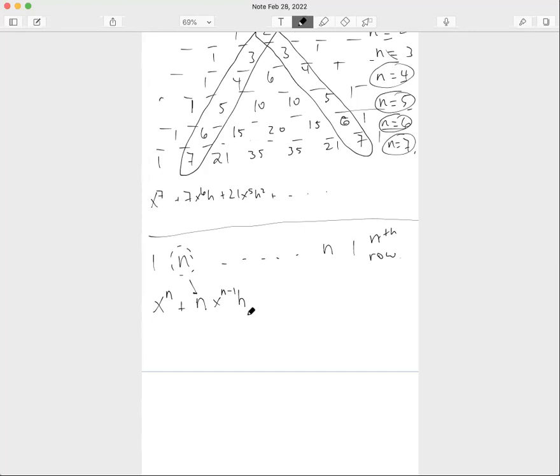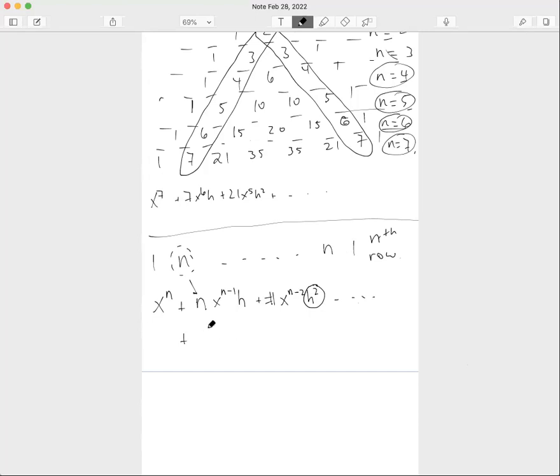I may not know what the next number is, but can you tell me the power? What would the x and h powers be? Yeah, so minus 1 and plus 1. So x to the n minus 2, and then I get an h squared, right? But who knows what that number is? There is a formula for it, but it turns out that formula doesn't really matter because of the h. So all these numbers and powers happen, but let's go to the end.